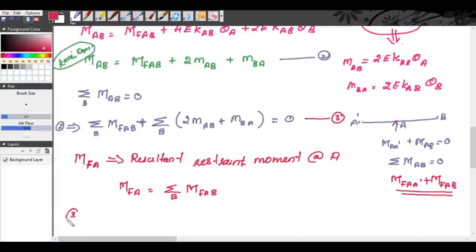From equation number 3, we write the value: sigma B of small MAB is equal to minus 1 by 2 into MFA plus sigma B into MBA.